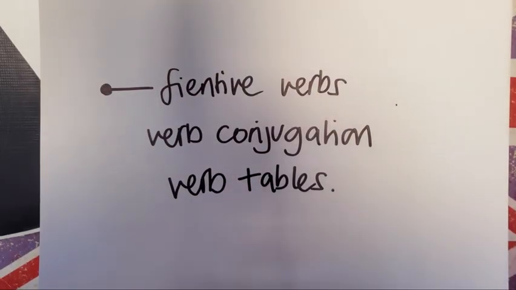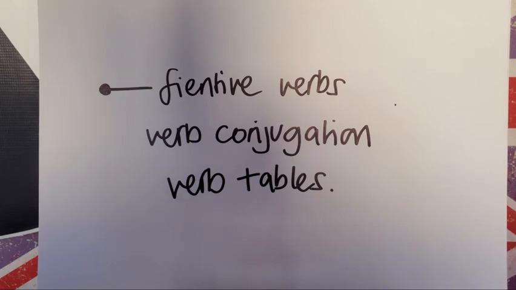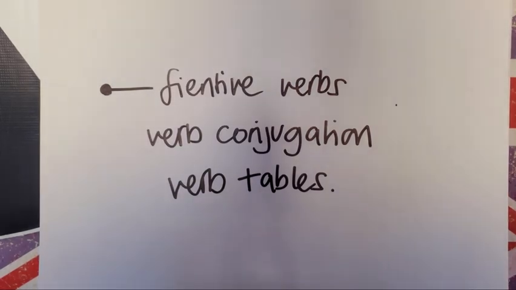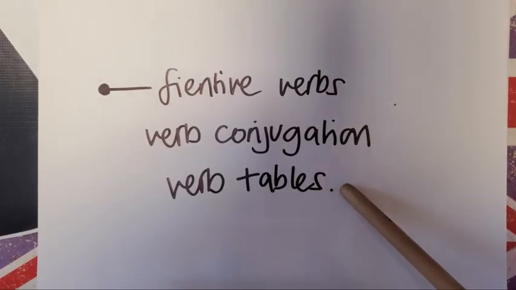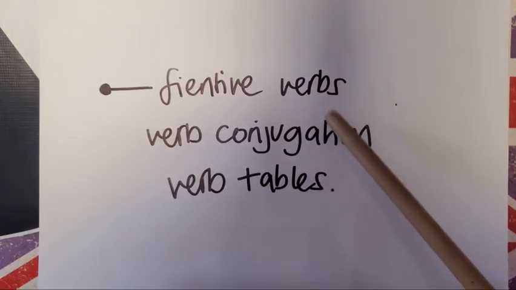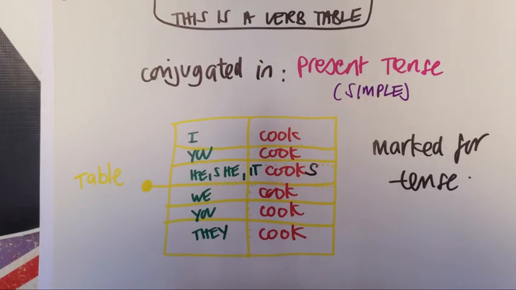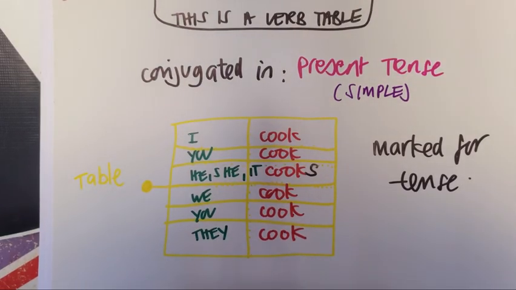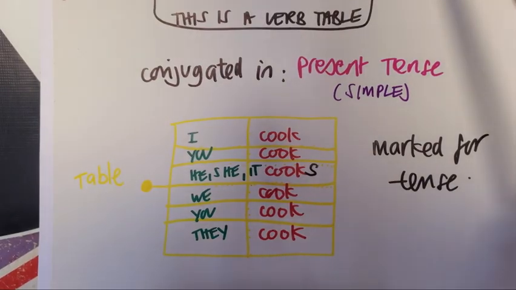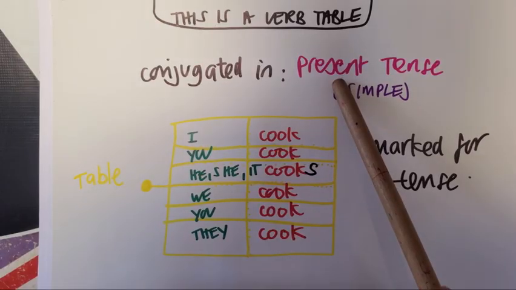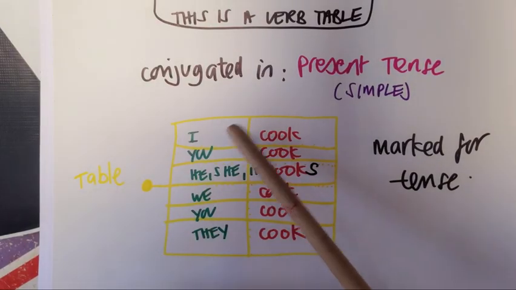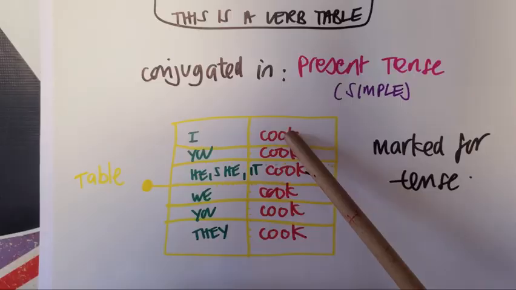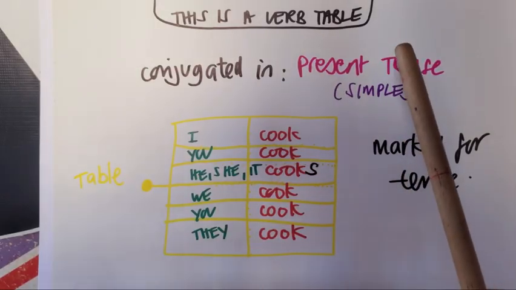Fientive verbs. We're looking at verb conjugation, verb tables. This is a verb table. Don't be scared when you hear a verb table.